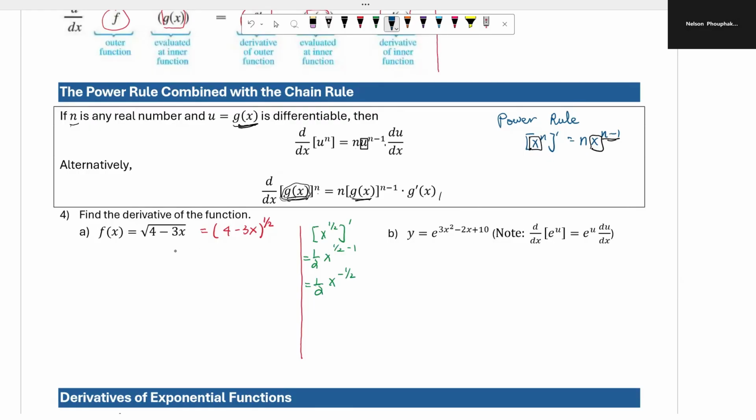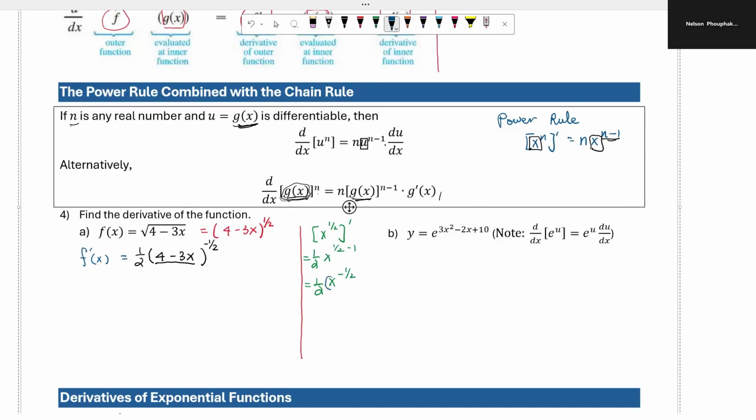So in this case, my f prime of x is, again, consider that this is my inner function. So I will bring the power of 1/2 down, evaluate at 4 minus 3x, my inner function, raised to the power of negative 1/2.